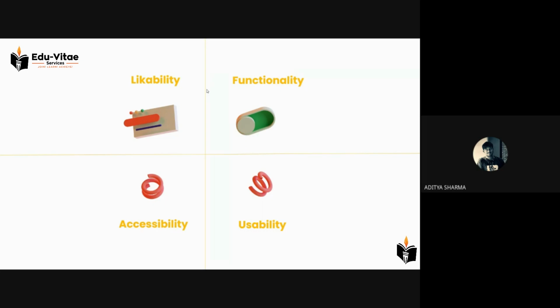Functionality refers to whether the application that you are designing is actually addressing the functional aspect of the problem that you are going to solve. Usability is how easily your product is usable, how understandable you have made the product. Let's say you have created a mobile application.